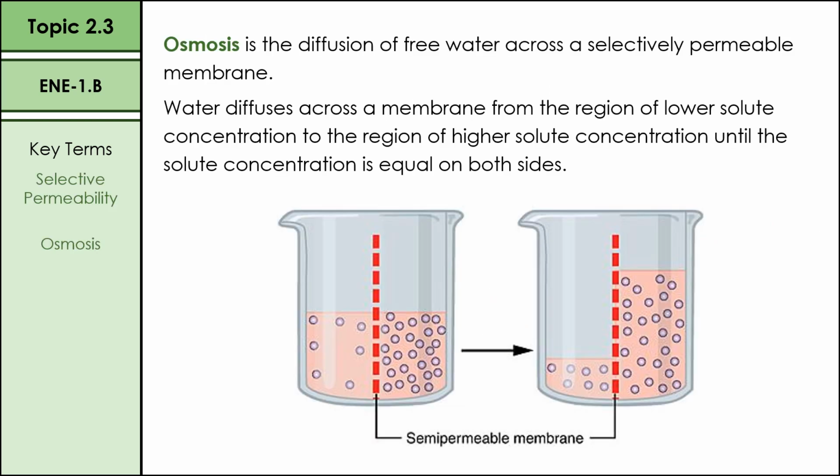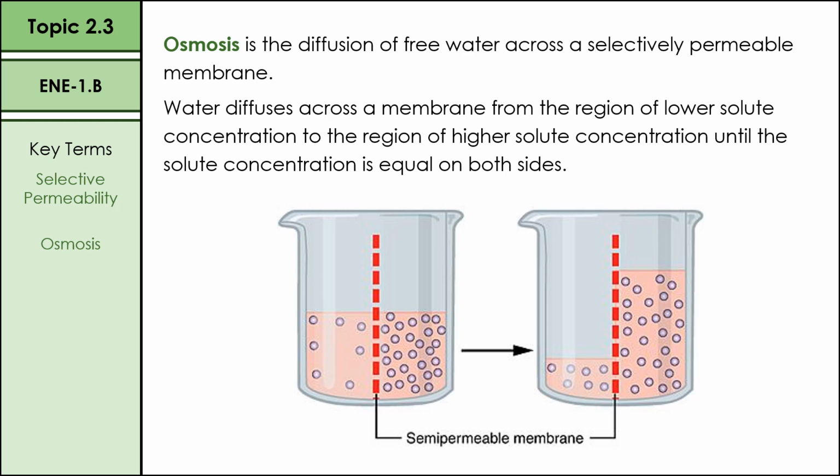Now, knowing that water is one of the more important molecules that we've come across in AP biology, it should come as no surprise that osmosis is a term specifically used to describe the diffusion of water across a selectively permeable membrane.